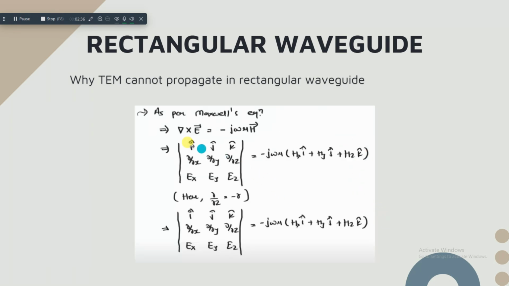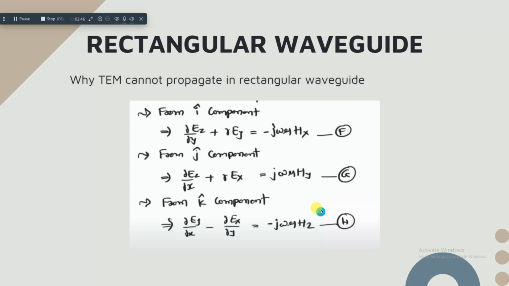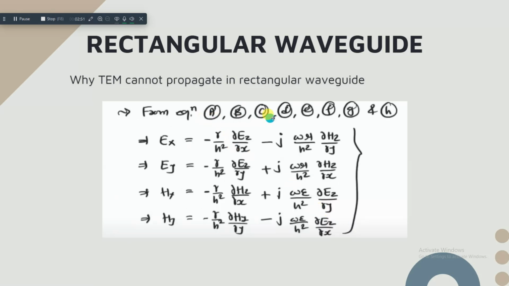Again, another Maxwell equation is this one: del cross E equals negative j omega mu H. Taking the i, j and k components, we get these three equations. After solving all of these, A, B, C, D, E, F, G and H, we get the equations for Ex, Ey, Hx and Hy.